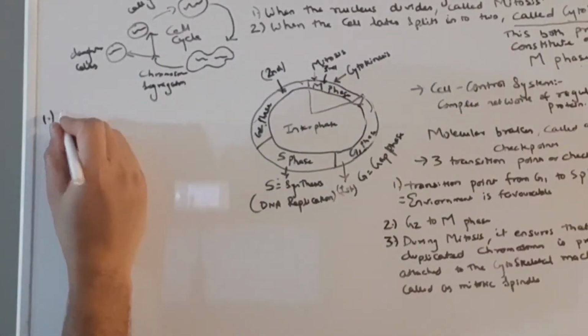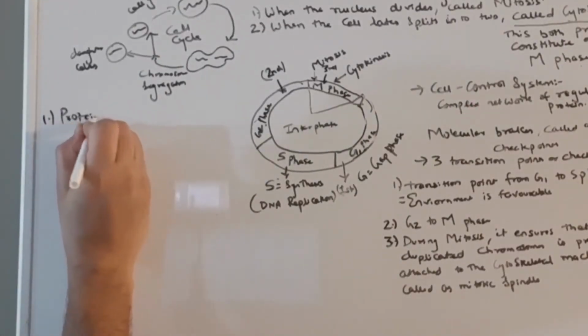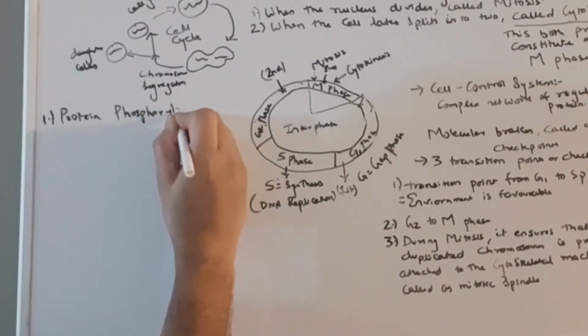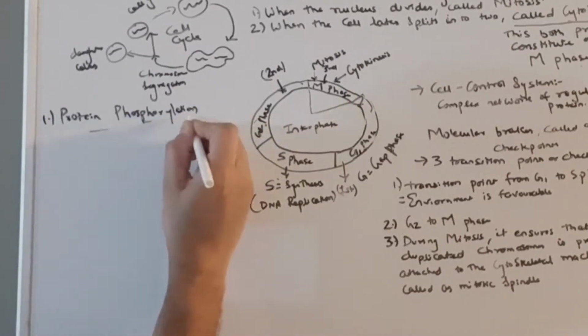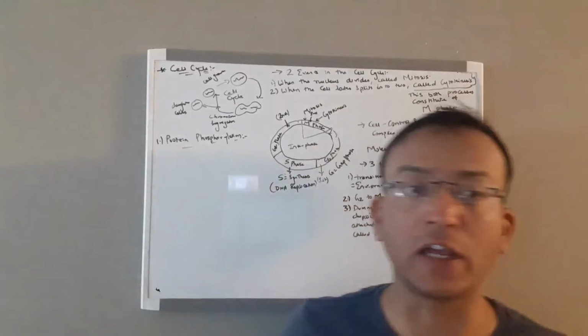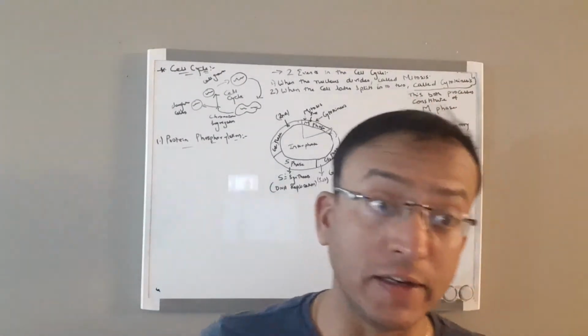So first, protein phosphorylation. What is protein phosphorylation, before we move to the cell cycle control system in detail?